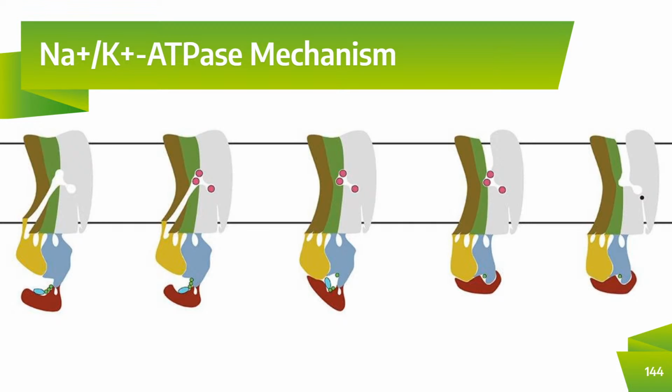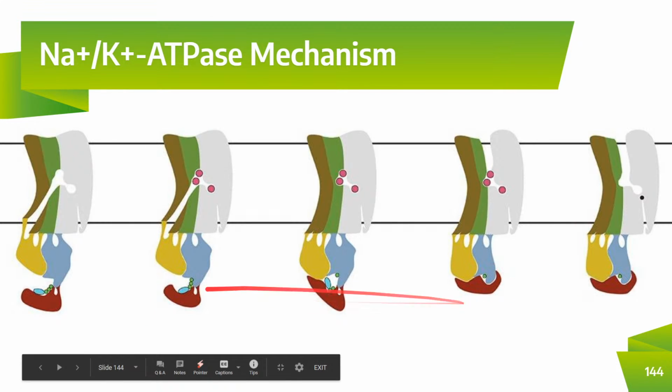So this whole protein is facilitating transport of sodium outside and potassium to the inside by sequentially opening and closing gates, and also changing its affinity to these specific ions. And all of this is facilitated by the hydrolysis of ATP and the use of its energy.